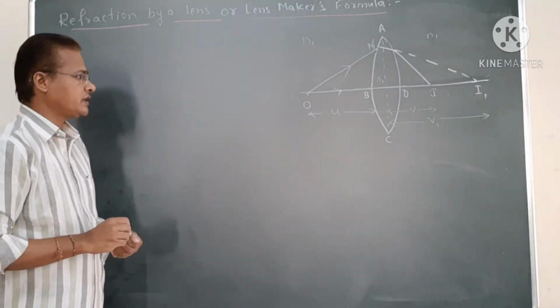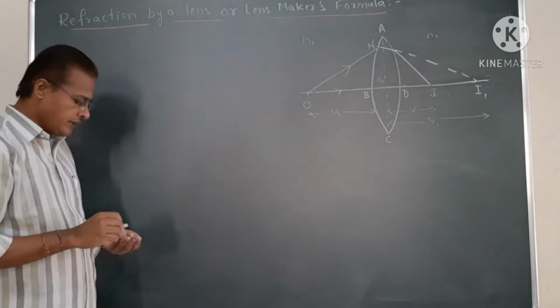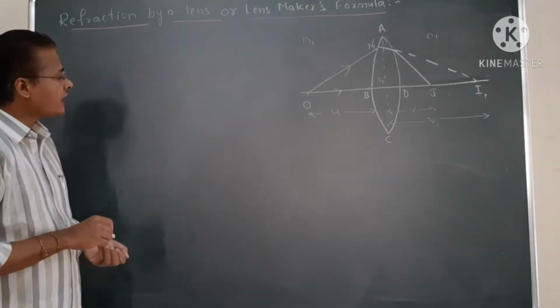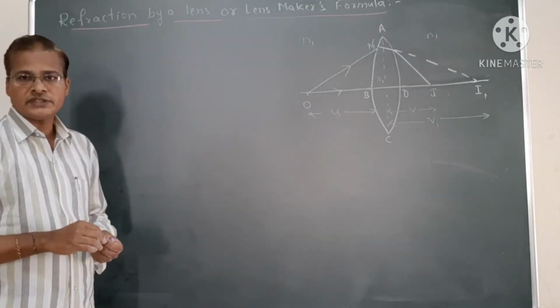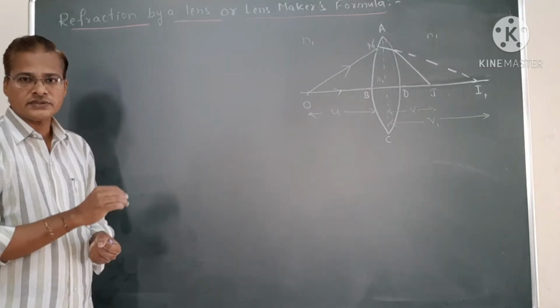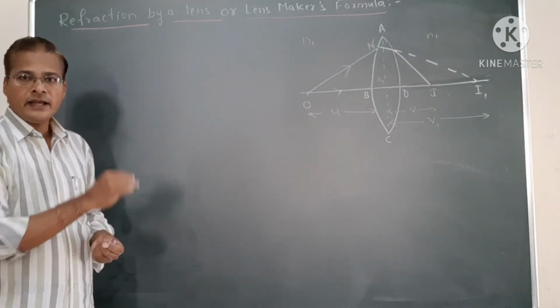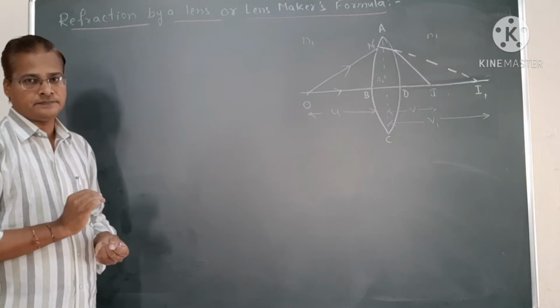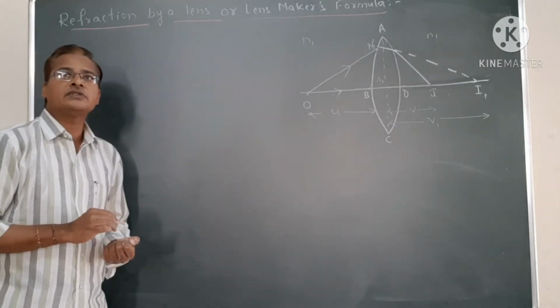Now see, for refraction there are two surfaces: one surface is called ABC and the other is ADC.